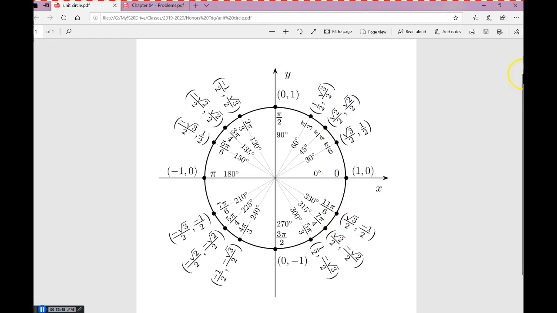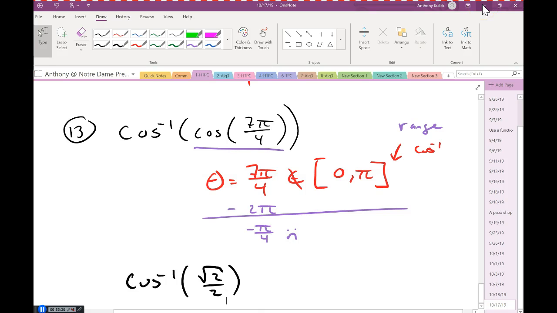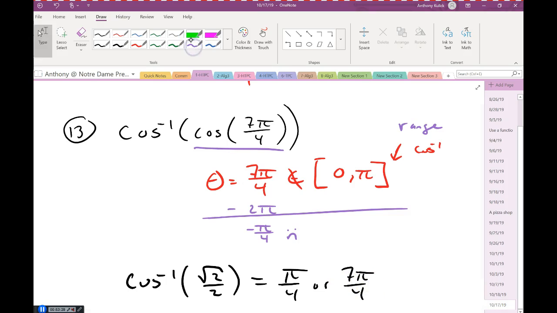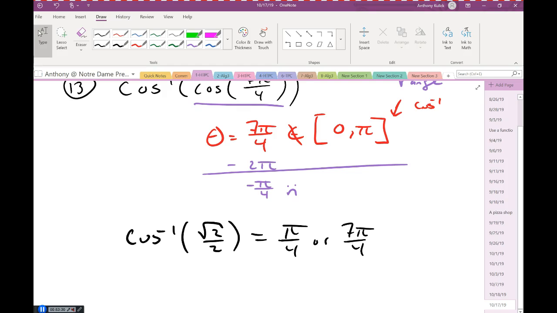Agree with that? Well, we've already seen what happens with 7 pi over 4. We can't get that to fit in the interval that we need. Pi over 4, though, does work. So we saw, I think in the example, a case where we could just subtract 2 pi or add 2 pi and make it work.